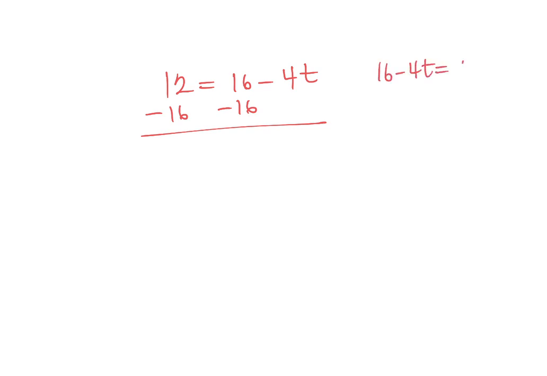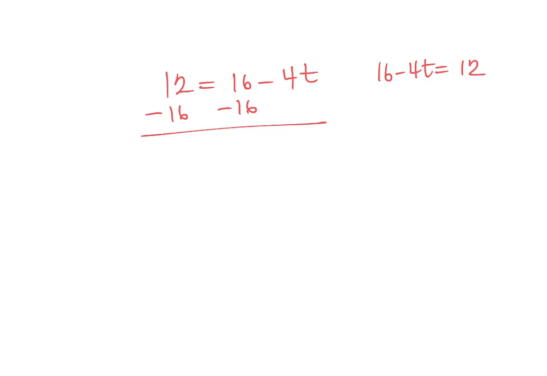So we could take 12 is equal to 16 minus 4t, for example. So we subtract 16 from both sides. Now, ideally, as I've said before, I like to have my variable on the left side. So now we're looking at a symmetry here. I just put my left side of the equation on the right side, and that which was on the right side, I put on the left side.